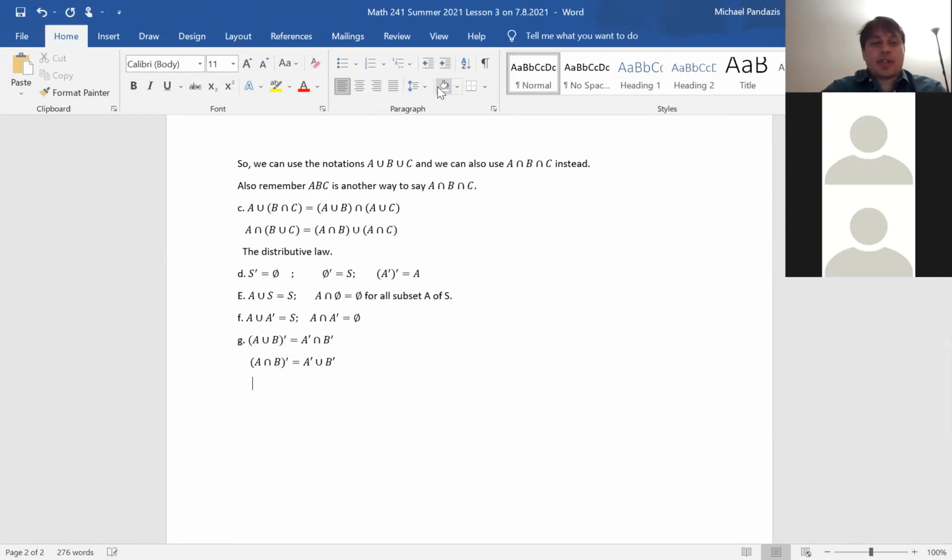These two equations in G are called De Morgan's laws. It's just saying the complement of A union B is A prime intersection B prime, and the complement of A intersection B is A prime union B prime. Those two laws, though they look weird, are very important. So I'm going to illustrate those also with Venn diagrams.